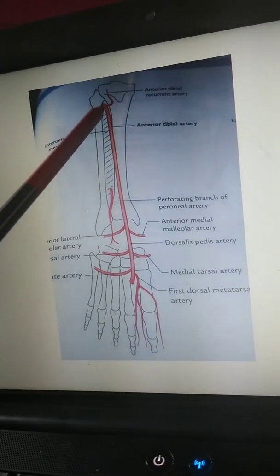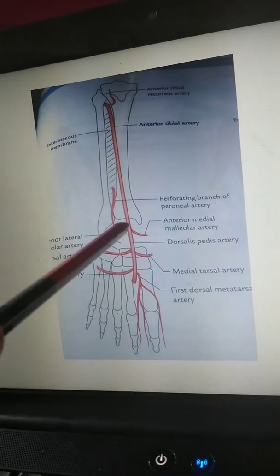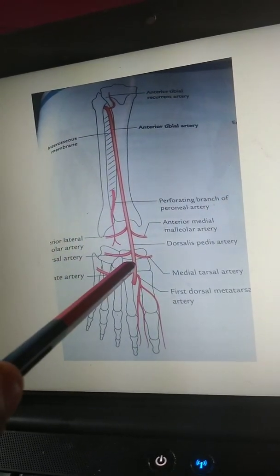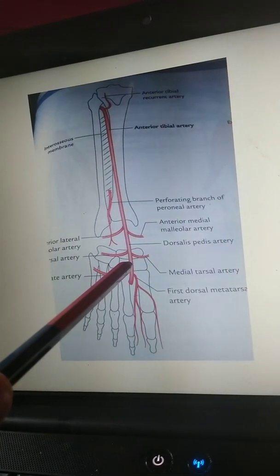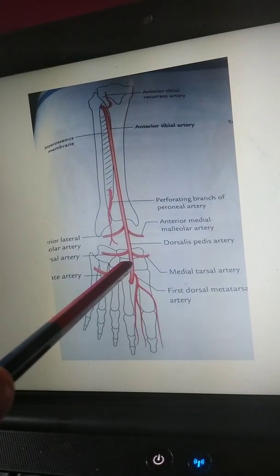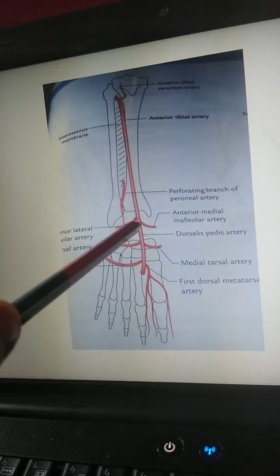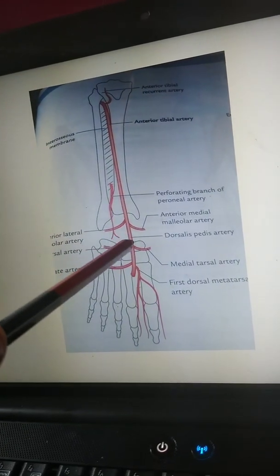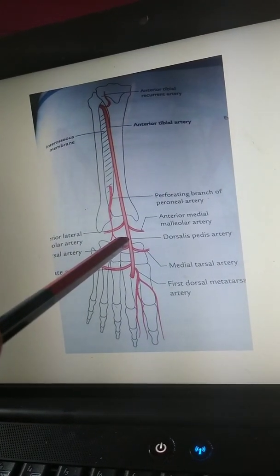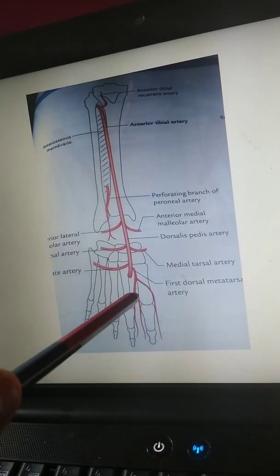In the anterior compartment, it runs vertically downwards to a point midway between the medial and lateral malleoli, where it enters the foot and changes its name to dorsalis pedis artery, which ends near the web between the big and the second toe.